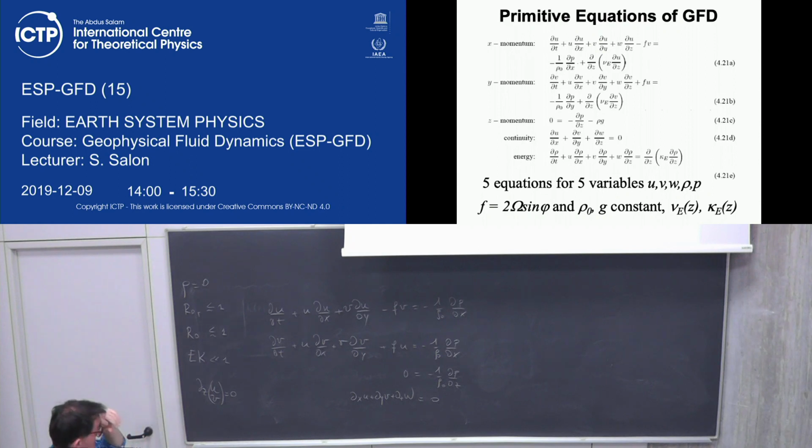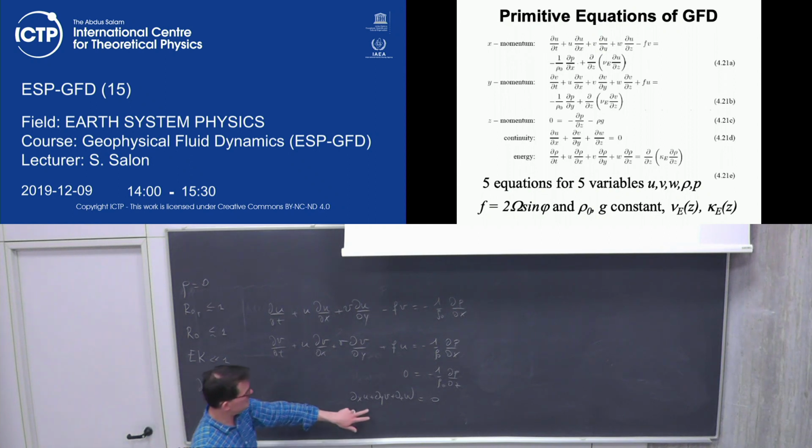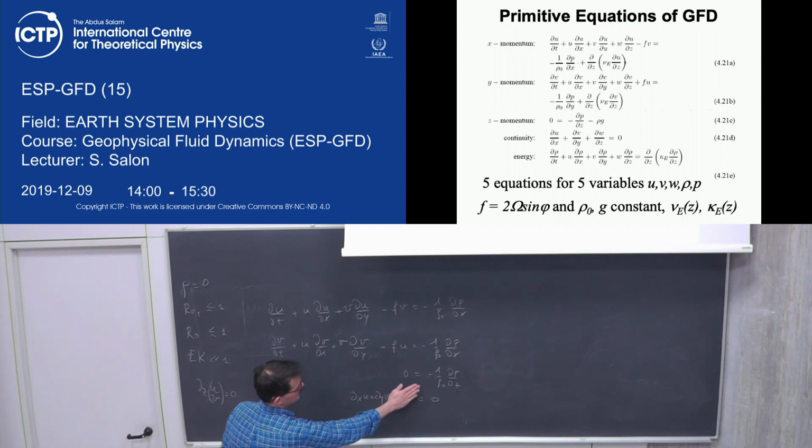But if we allow Rossby numbers of order 1, we may take also the local derivative and the advection, the horizontal advection. So from the geostrophy, we found that the continuity equation just reduced to a horizontal divergence equal to 0.